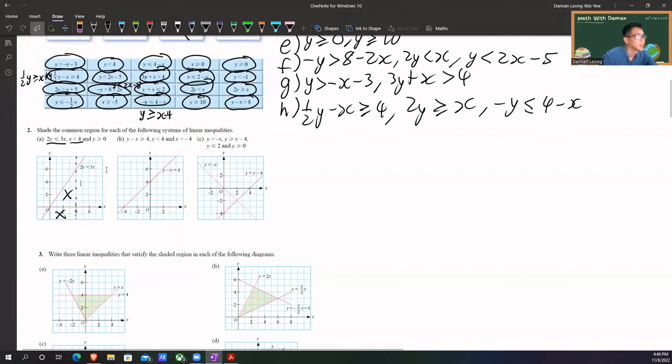Then y more or equals 0 means above the x-axis, so it cannot be this one below the 0. So it must be in this triangle here. So just shade this triangle, and that would be the shaded region.